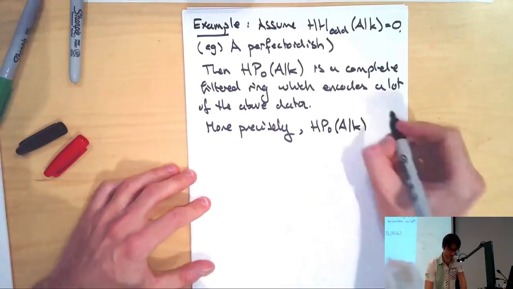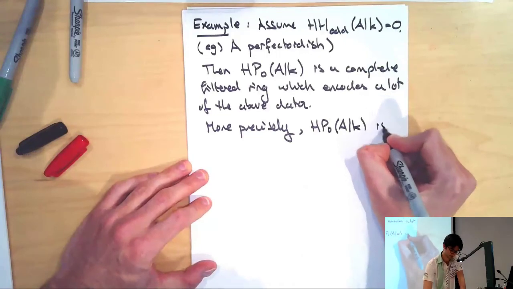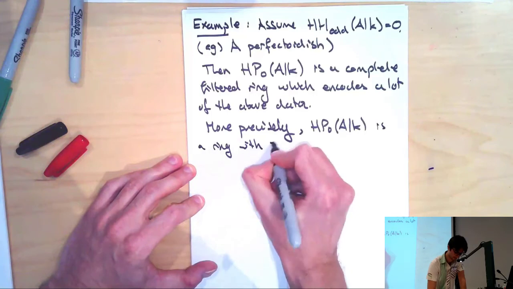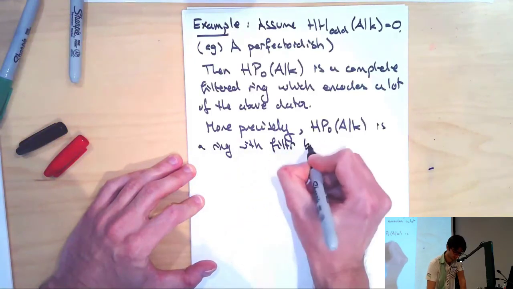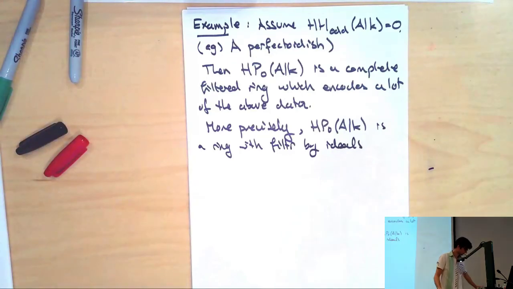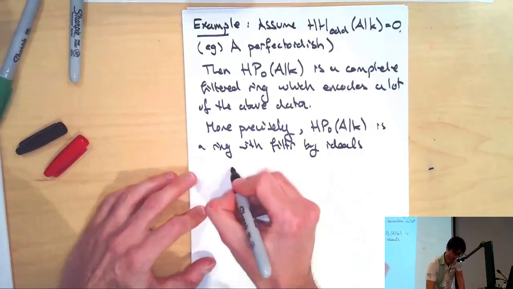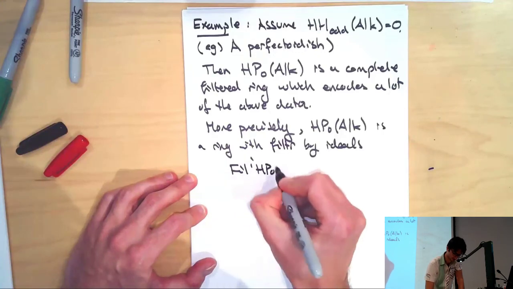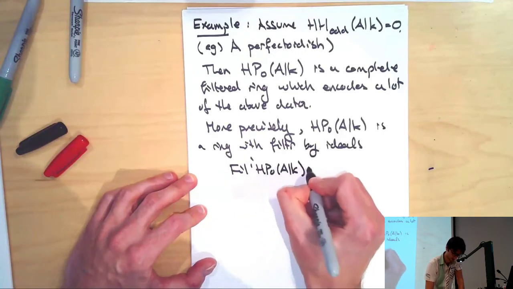So this HP0, let's say, is a ring with filtration by ideals. Let me call these Fil^i HP0 of A over K. And what are these?